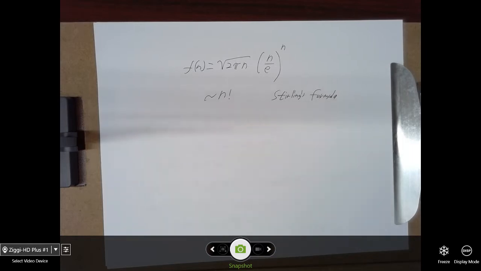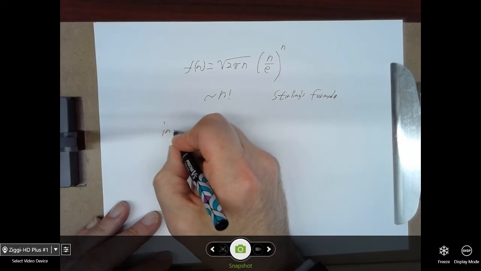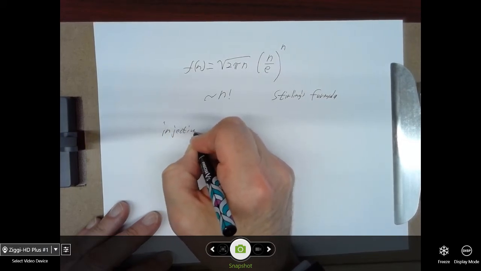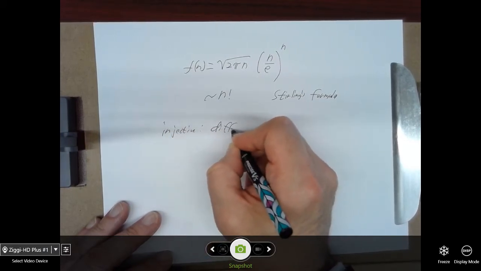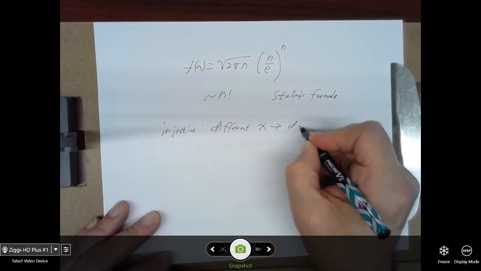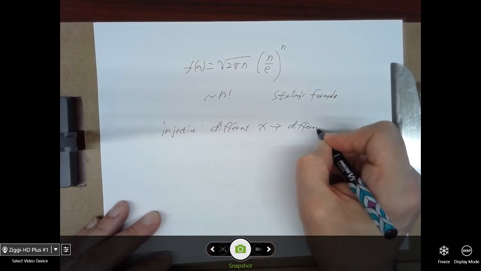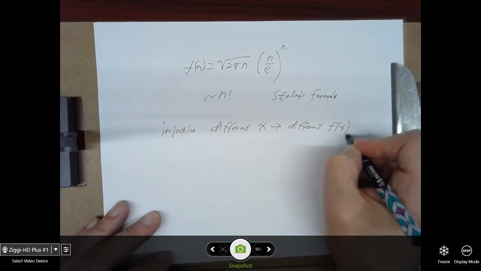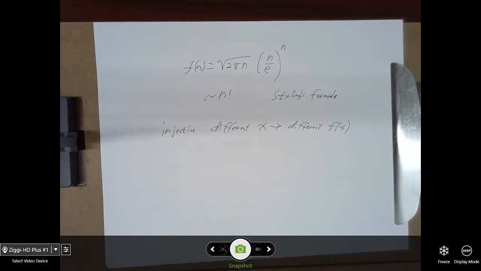All right, so good on functions. You remember injective, bijective, surjective? One-to-one, onto, and one-to-one onto. So informally, different x's go to different f of x's.